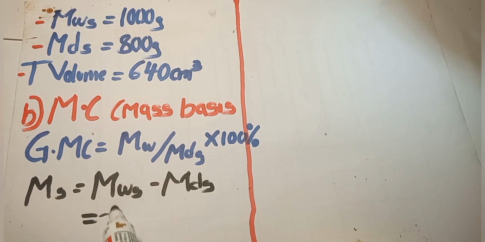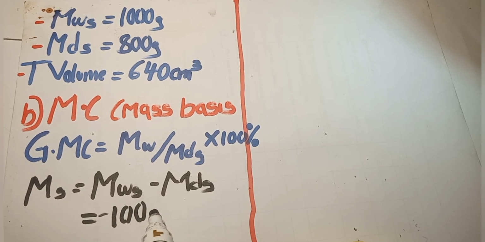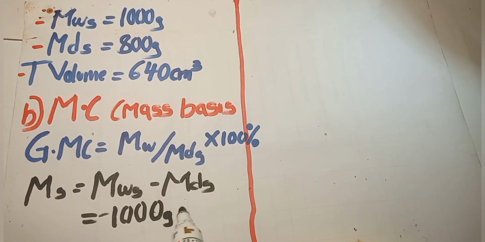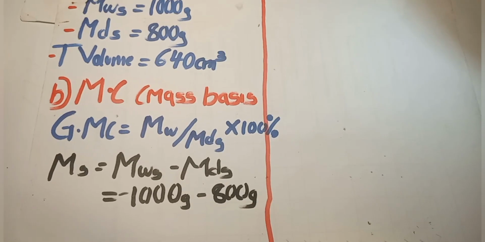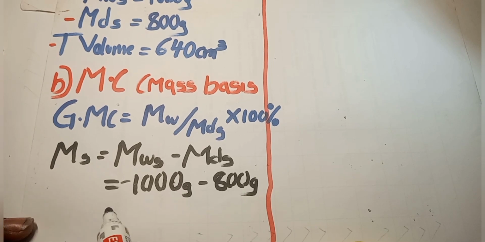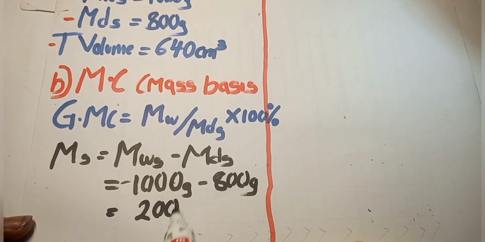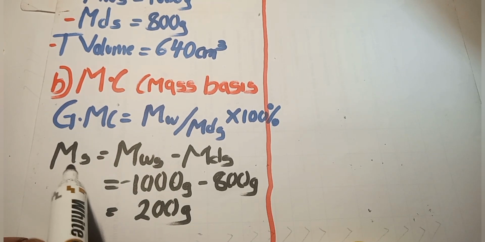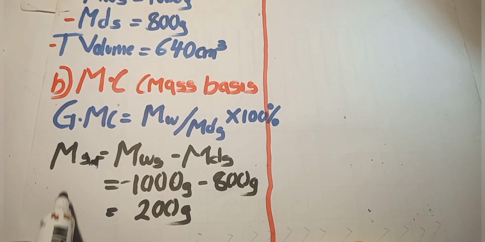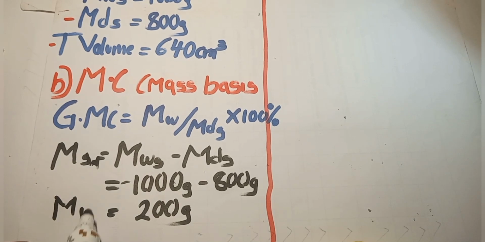So I'm going to have 1000 gram minus 800 gram, which gives me 200 gram. So this is the mass of the water.